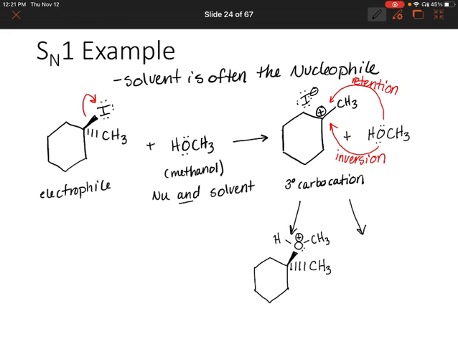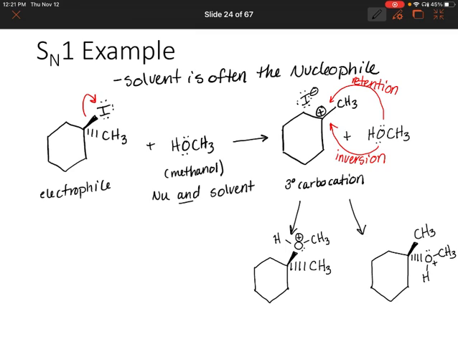And let's also talk about the inversion product. So if methanol attacks from below, what would we end up with here? So the methyl group would be above the plane in a wedge, and the methanol will be below.